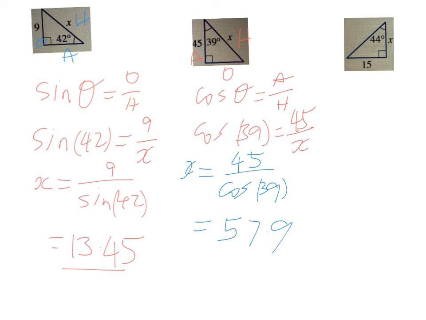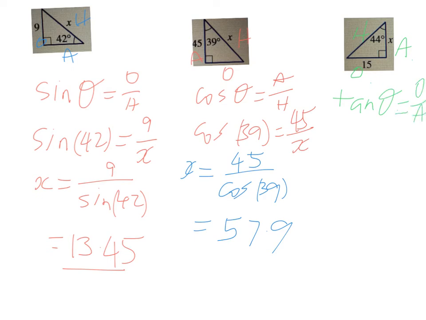Wonder if you can guess what this one's going to be like. I'm changing colours. So we've got our sides: there's our hypotenuse, here is our opposite side length, and here is our adjacent. The two we've got information for are O and A, so we're using tan. Tan of theta equals opposite over adjacent.